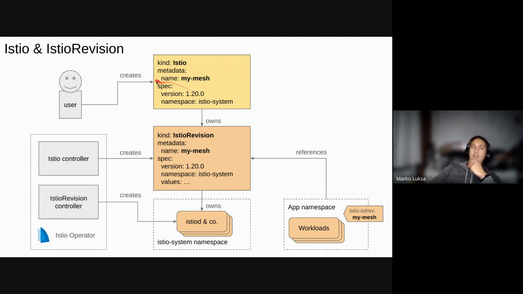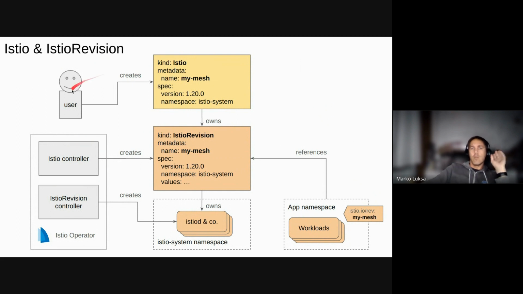Plus the Istio revision, which is basically owned by the Istio resource and gets created automatically by the Istio controller, is also, so an Istio revision is a cluster scoped concept, right? The revision names must be unique across the entire cluster. So with this and for other reasons like owner references, we feel it's more correct to have these 2 resources be cluster scoped.